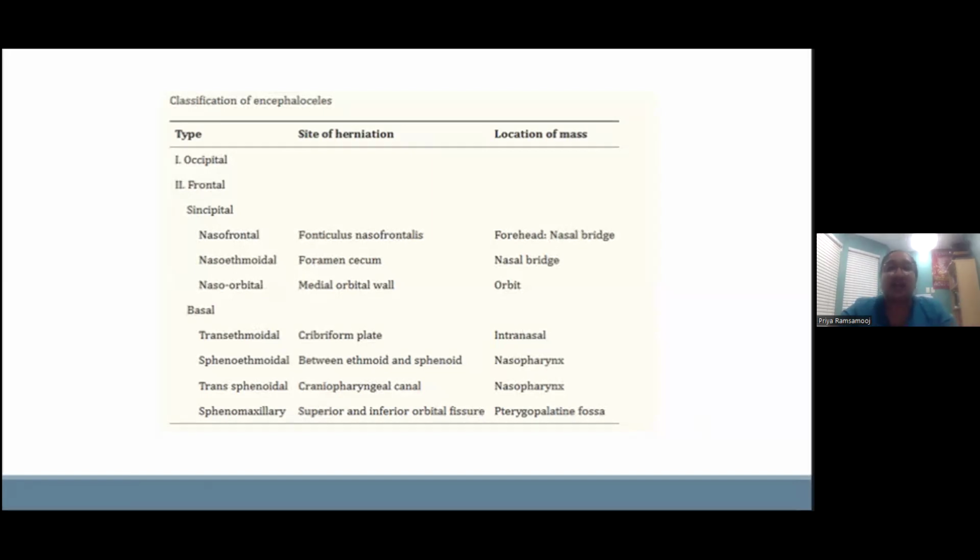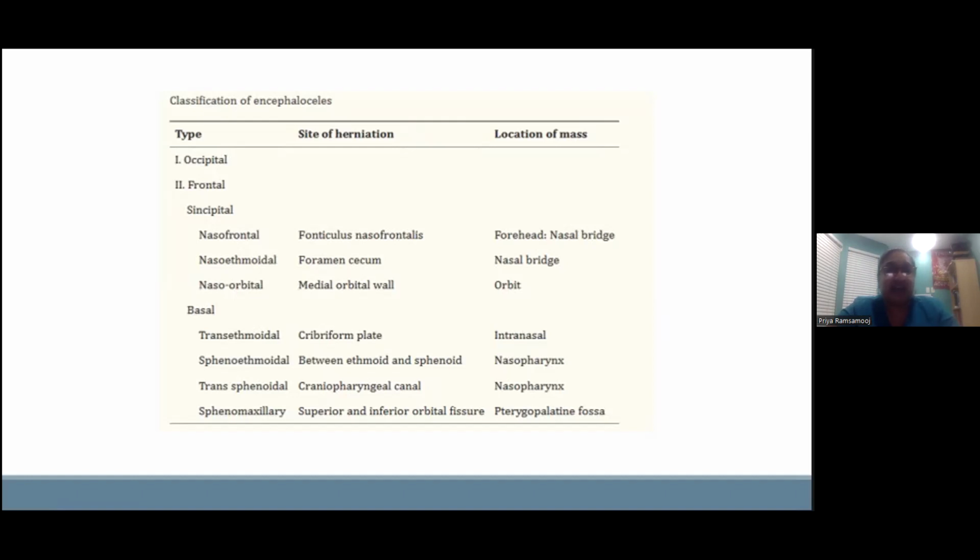One of the most accepted theories is that there's a problem with the separation of the surface ectoderm from the neuroectoderm after the closure of the neural folds. And just to remind you, remember we said that that closes at day 25. So a problem before this day is going to produce an incomplete closure with a defect not covered by skin.